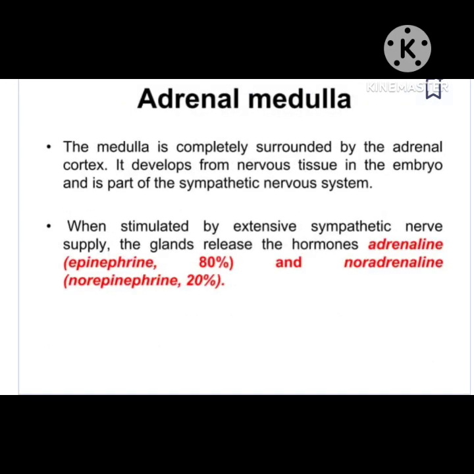The next is adrenal medulla. Medulla is completely surrounded by adrenal cortex. When stimulated by the sympathetic nerve supply, the glands release the hormones adrenaline and noradrenaline, that is epinephrine 80% and norepinephrine 20%.